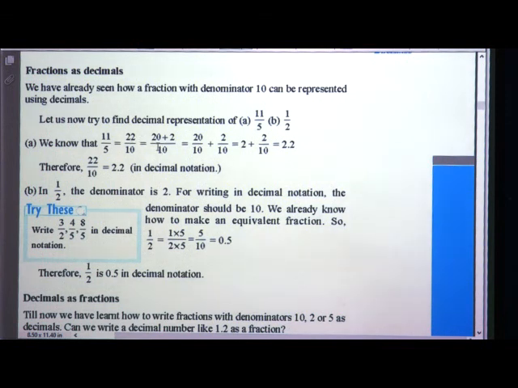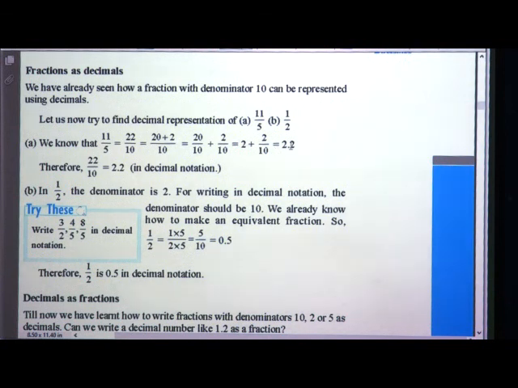Now, we need to convert it. It means we will separate the tens parts and the remaining parts. So, we have 20 plus 2 divided by 10. Now we need to separate both. So, 20 by 10 plus 2 by 10. We know that 2 is the whole part, then 2 by 10 is remaining.